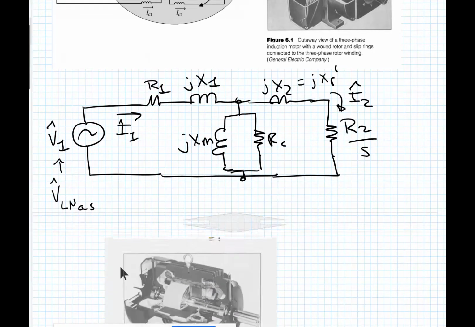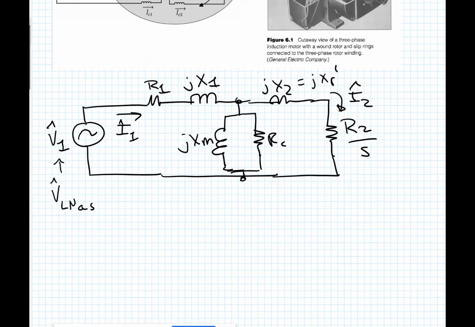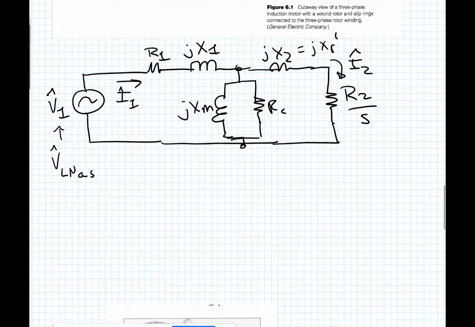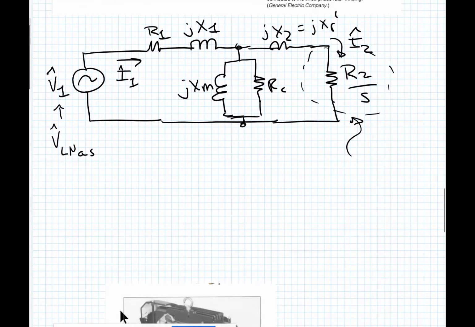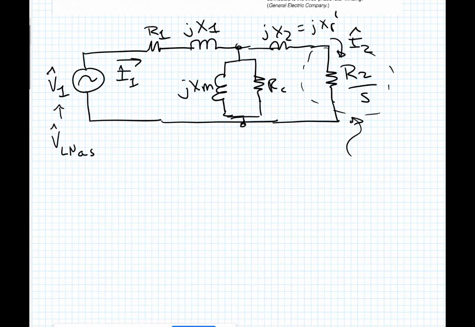Next time we're going to use this circuit. We're going to solve problems with this circuit. This is what you need to know. Now there are different ways. The last point I want to make is that I want to make two final points.